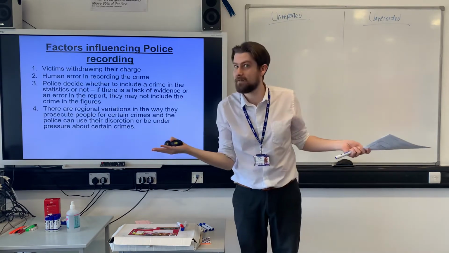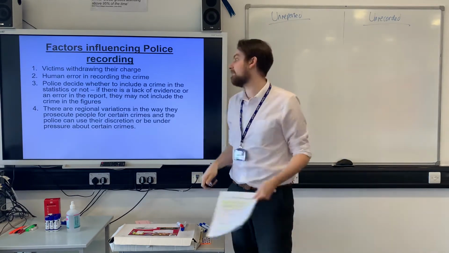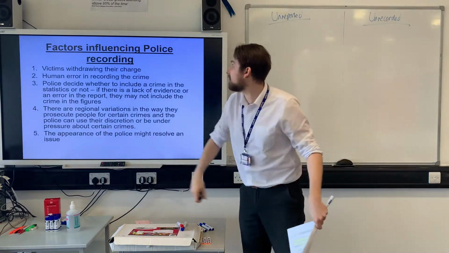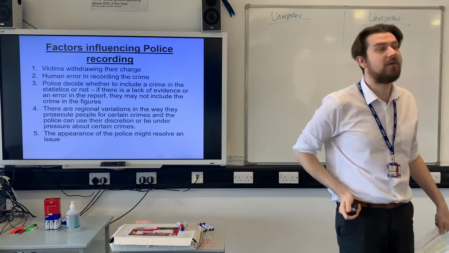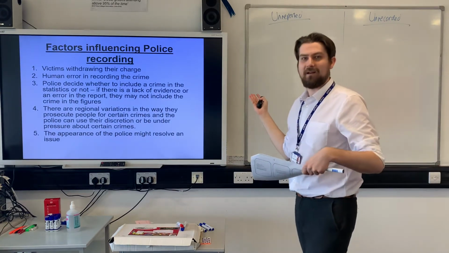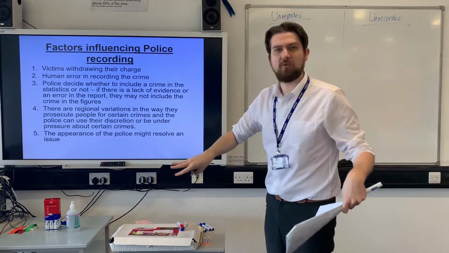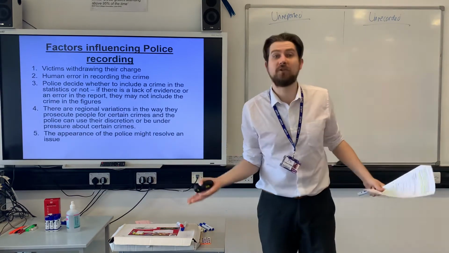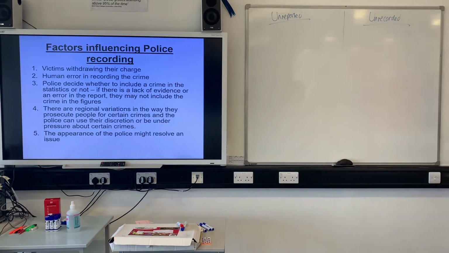That might not mean that there's less crime, it just could be that there's variations in the way it's recorded. The appearance of police might resolve an issue, so if you're having a confrontation with your neighbour, the police show up and they might be able to rectify the situation and come to an amicable solution without having to arrest anybody or take anything further.